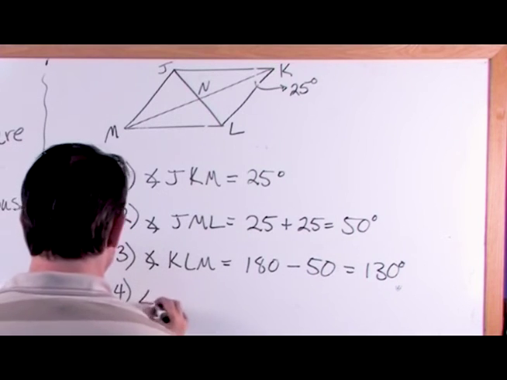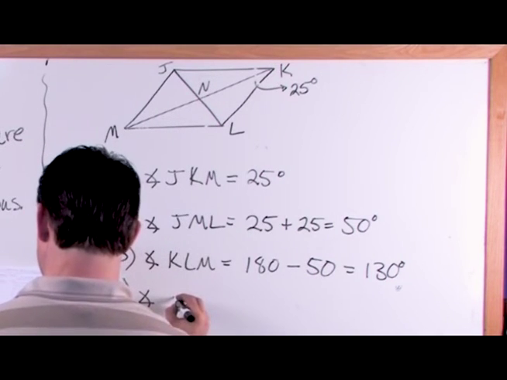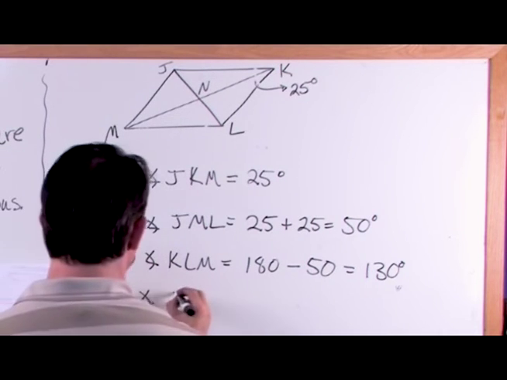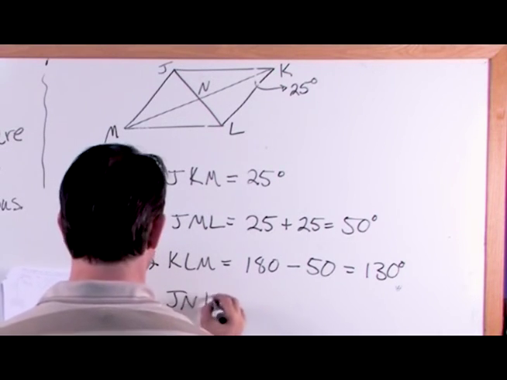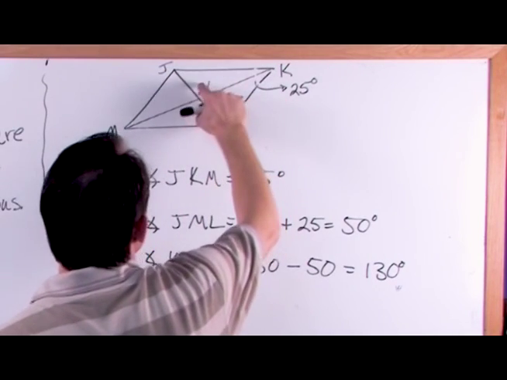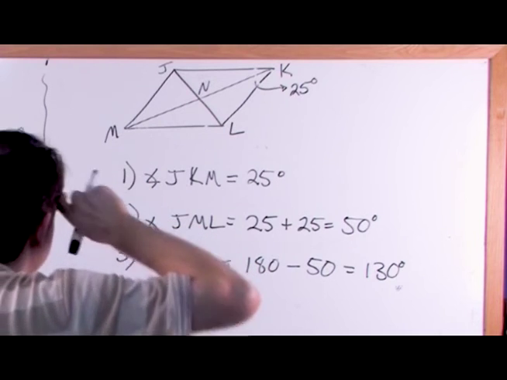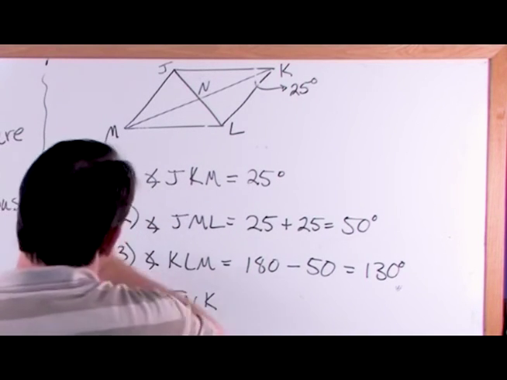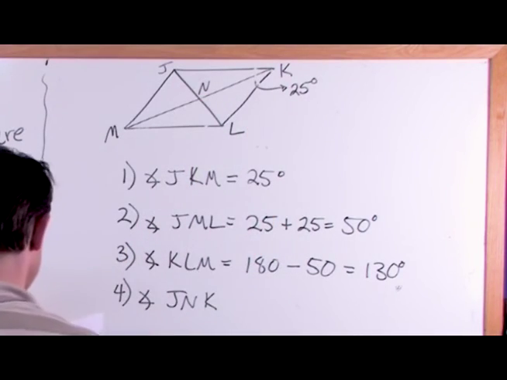Number 4, angle J and K. This angle here in the middle, what would that angle be equal to? Well, this is a rhombus, we told you that. And the theorem over here says that the diagonals of a rhombus are perpendicular.